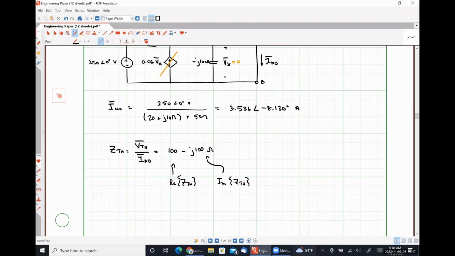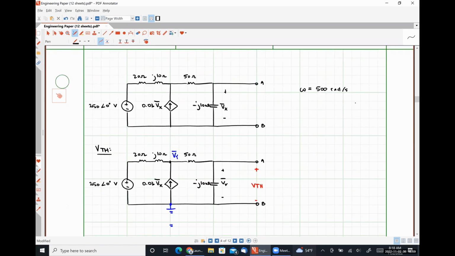And I'm saying an equivalent capacitance here because the reactance is negative. So if this sign right here were positive, it would look like some inductor value. Because it's negative, it looks like some capacitor value. So we know that 100 ohms is equal to 1 over omega C. So from this, C is equal to 1 over omega times 100, where omega was 500 radians per second, I believe.